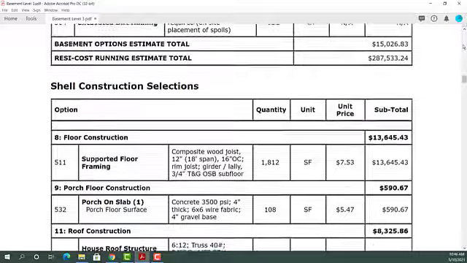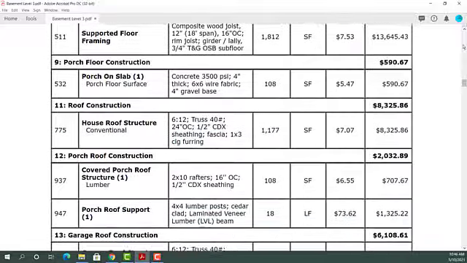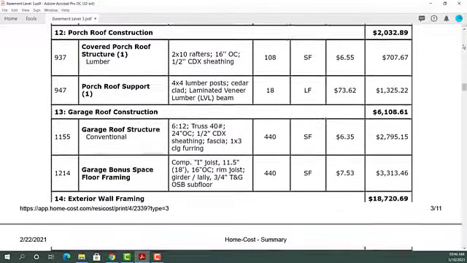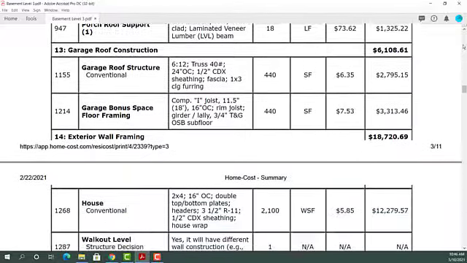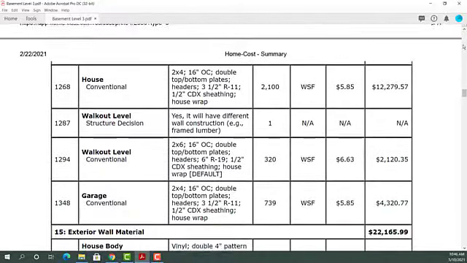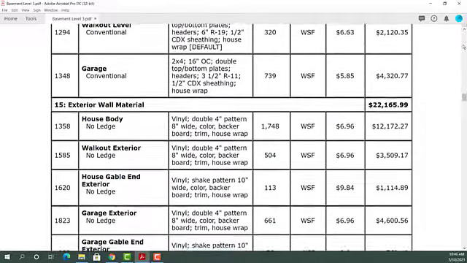So let me ask you this. Would you recommend to owner builders to use this software in the design stage? I would recommend it. I think it gives people a better understanding of what is going to be involved.